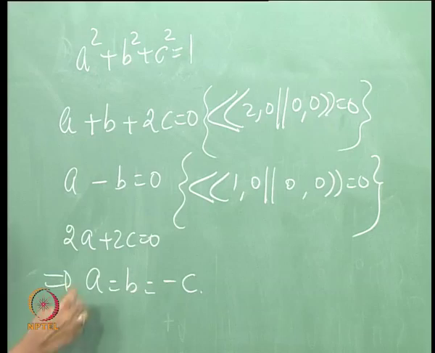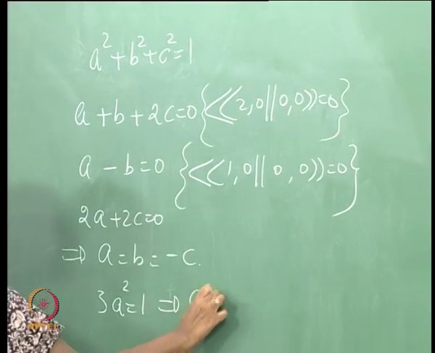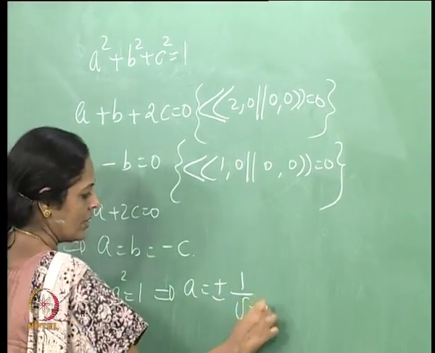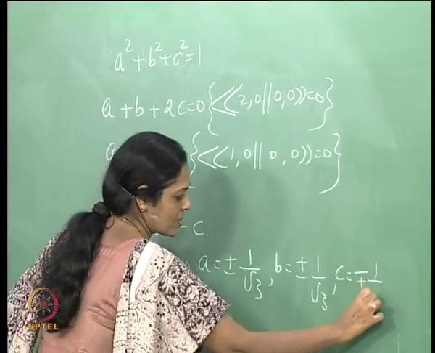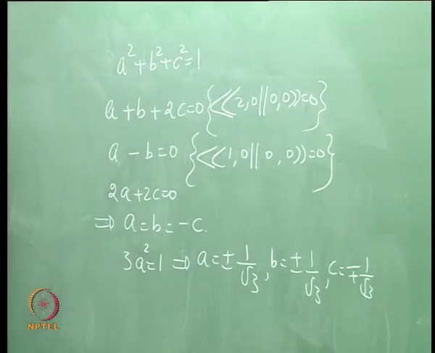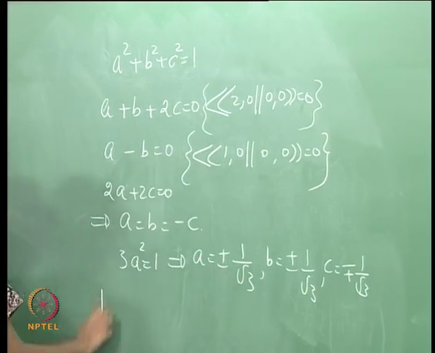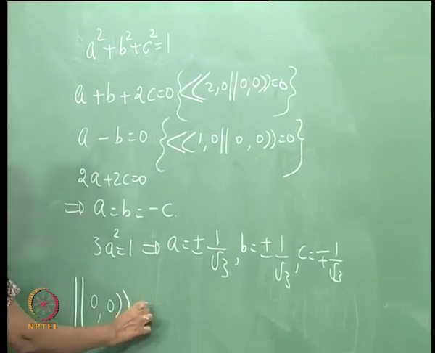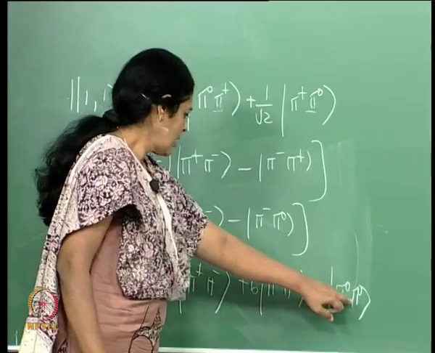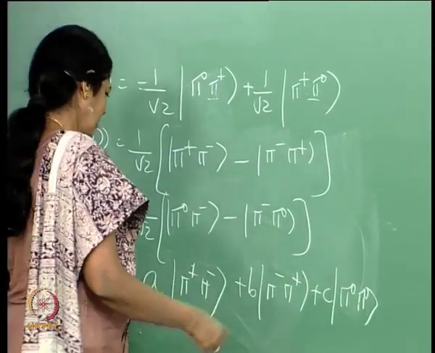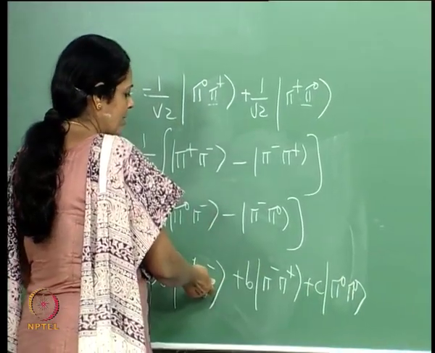So I go back there and I have A squared plus B squared plus C squared equals 1, which implies that A is plus or minus 1 by root 3. Correspondingly, B is plus or minus 1 by root 3 and C is minus or plus 1 by root 3. I could choose any of this, but once more I follow the convention and I write 0 comma 0, the third entry C is pi 0. Of course, pi 0 has an isospin less than pi plus and more than pi minus.